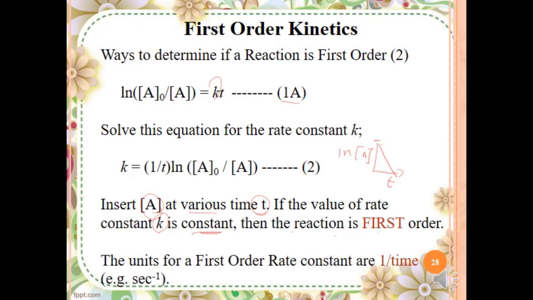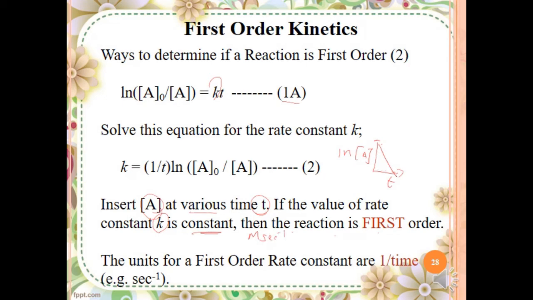The unit of the first order rate constant is 1 over time. For zero order just now, it was concentration per time, so you can have molar per second.